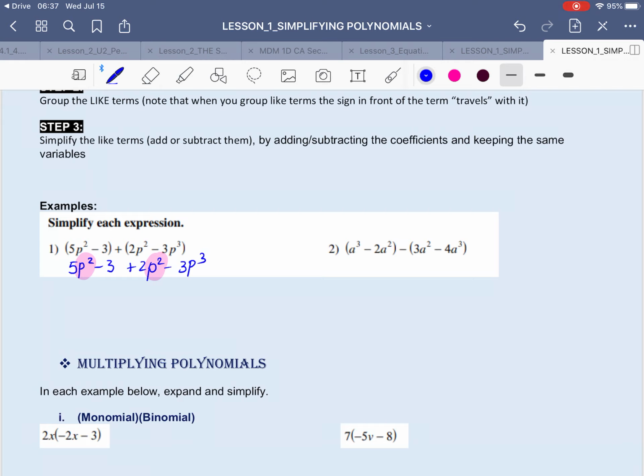So we'll group. That's step 2. And then the next term is negative 3p cubed, and then minus 3. Now we are going to combine like terms. Remember that when we combine like terms, we work with the coefficients only. So positive 5p squared plus 2p squared equals positive 7p squared.